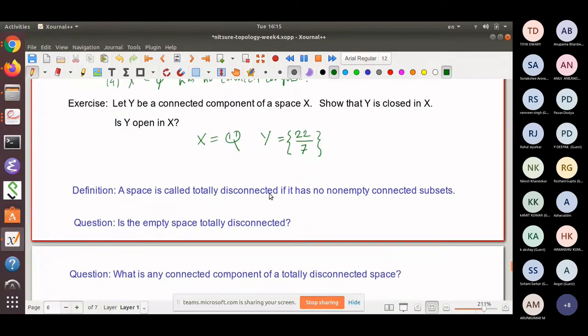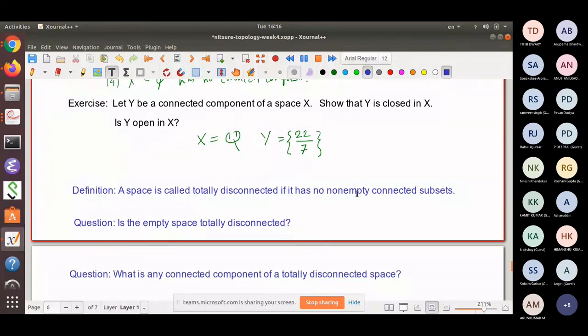The space is called totally disconnected if it has no non-empty connected subsets. What did I say? This is utter nonsense. Okay, so let me correct this. So I guess you wanted to say singletons.